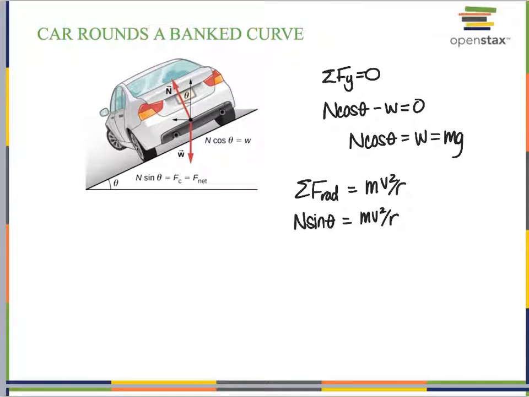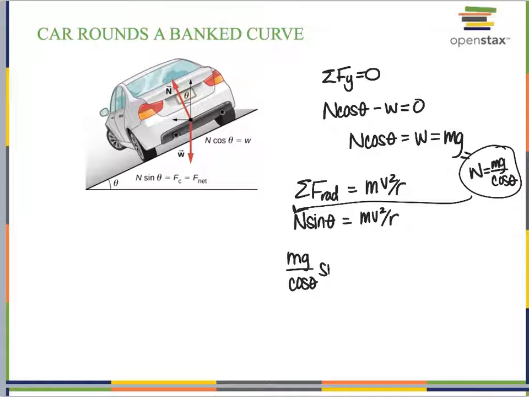From the first expression we can find the normal could be written as mg over the cosine of theta. We're going to take this and substitute it in here. So we write mg over the cosine of theta times the sine of theta equals mv squared over r. Masses cancel out. This can be written as g tangent theta is equal to v squared over r.